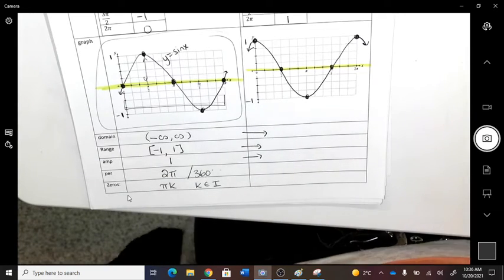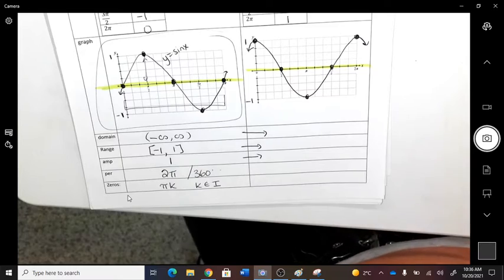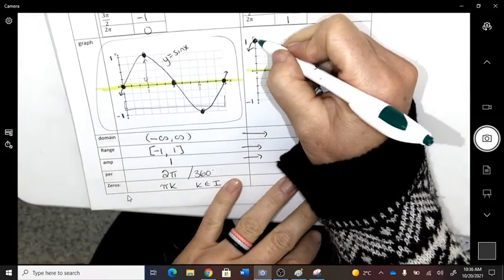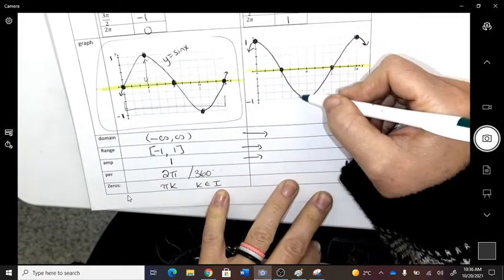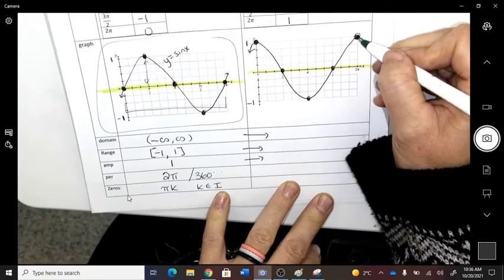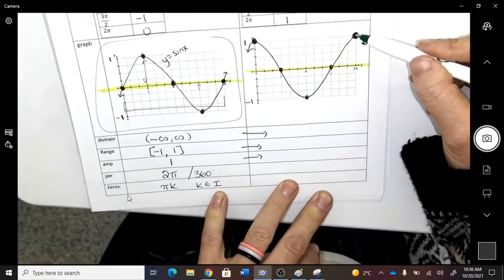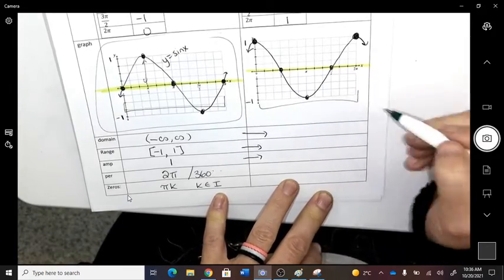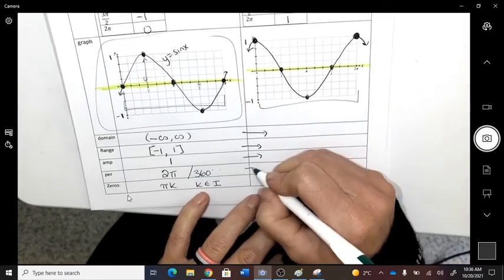You're only going 1 up or 1 down. And how long does it take you to get through a cycle? If I started here on the top, I'm going through my wave, and once I hit here, I'm going to start repeating the same thing. So how long did this take? 2 pi. So that's also the same.